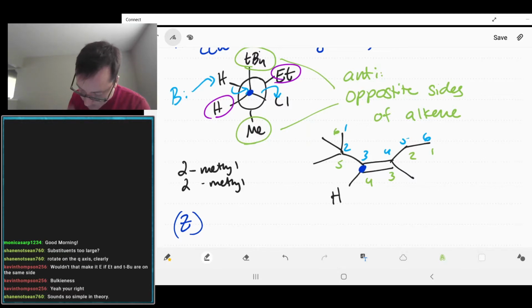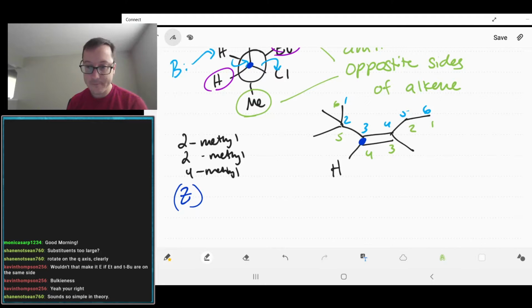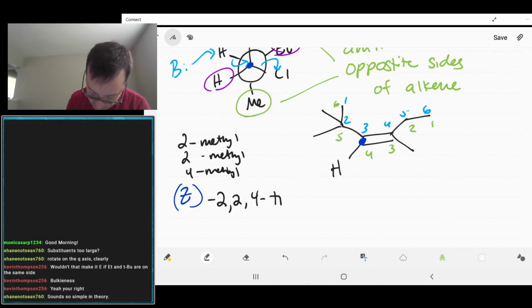Carbon 3 has a hydrogen, who cares? Carbon 4 has a methyl. Carbon 5 and 6 do not have anything. So we would say Z-2,2,4-trimethyl, and what is this, hexene?